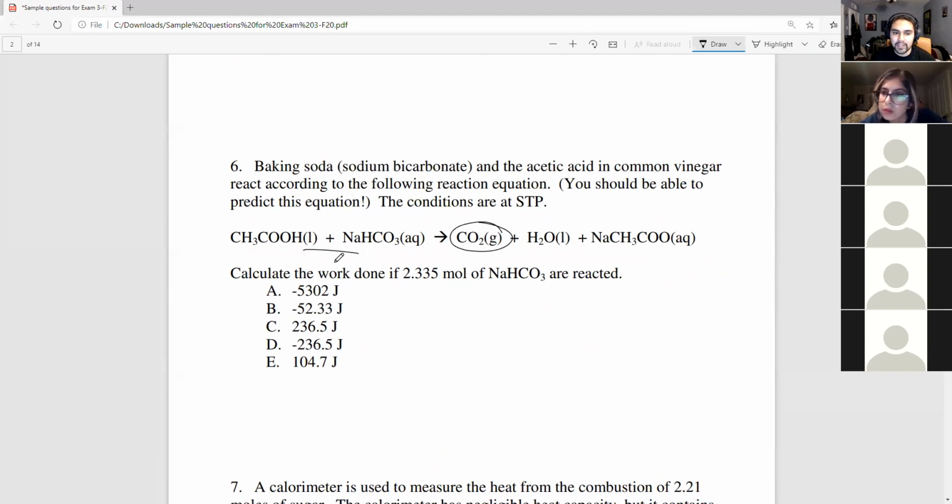Initially, we don't have any gases, so our volume is 0, because PV and RT, the ideal gas law, deals with gases only. So initially we don't have any gases, but in our final conditions we do have a gas. That is why it's above 0.